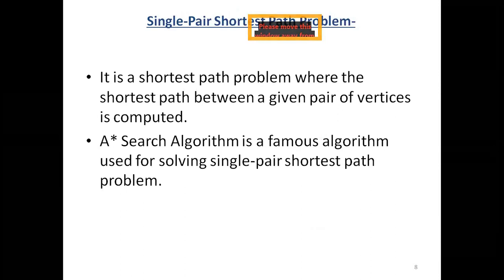Now, the A star search algorithm is a famous algorithm used for solving single pair shortest path problems. In artificial intelligence, we have the A star algorithm.